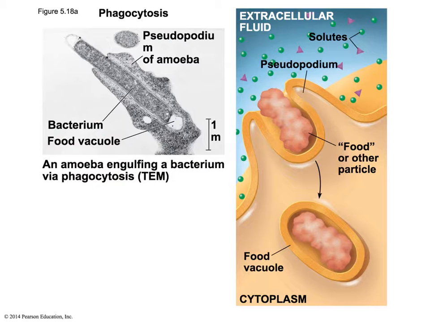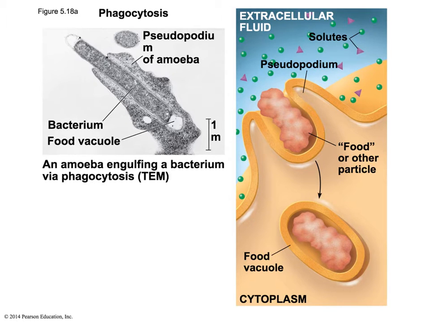Good question. So a food vacuole is only used in phagocytosis? Yes, you could consider that once that's brought in, that vesicle is now a food vacuole. In that case, vesicle and food vacuole are synonymous.